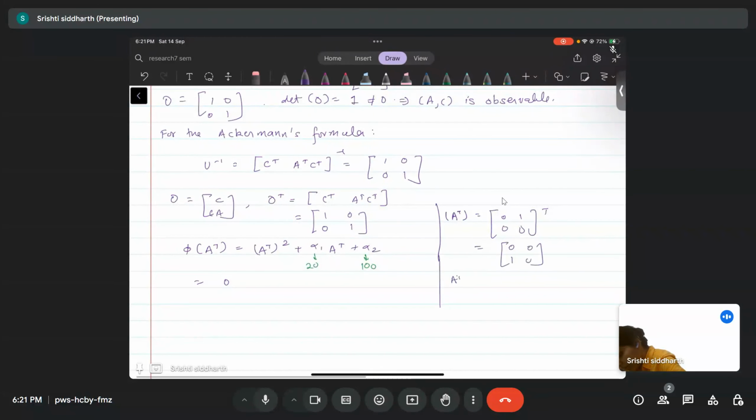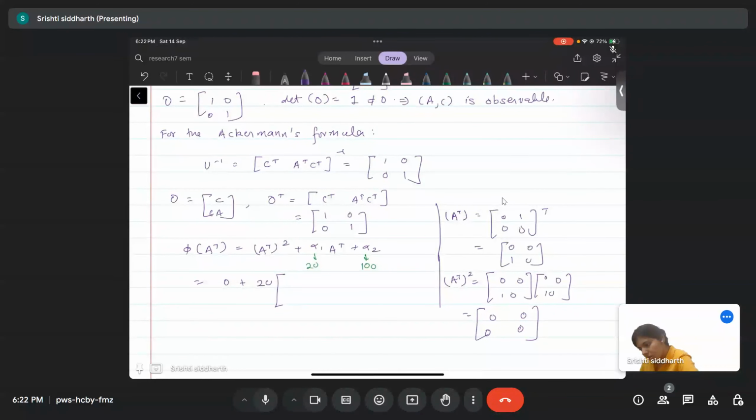And then A transpose squared becomes 1 times 0 and 0 times 1 and then 0 again, so this term drops out. Then we have 20 times A transpose, that becomes 0 0 1 0.